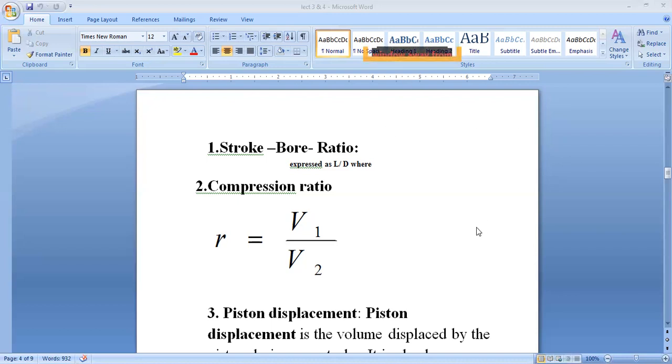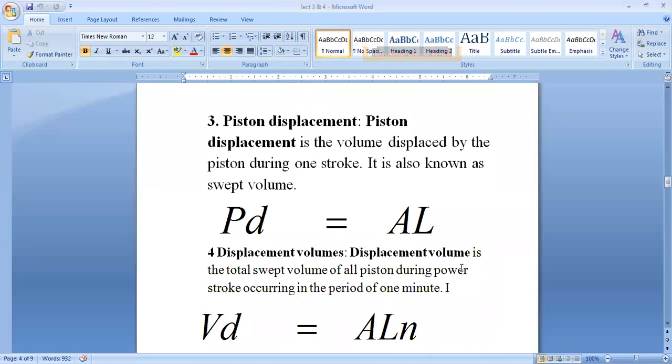Now the third term is the piston displacement. The piston displacement is the volume displaced by the piston during one stroke.